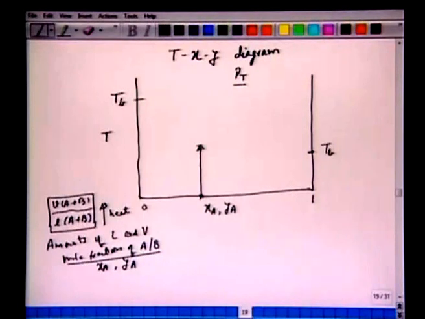It is very important that we understand the difference between the boiling of binary components and the boiling of pure components A and B. When we take this cold liquid and increase the temperature, a temperature is reached at which the first bubble is formed. If we choose another mole fraction, smaller than this, and heat this liquid, we will get another boiling temperature at which the first bubble will be formed.